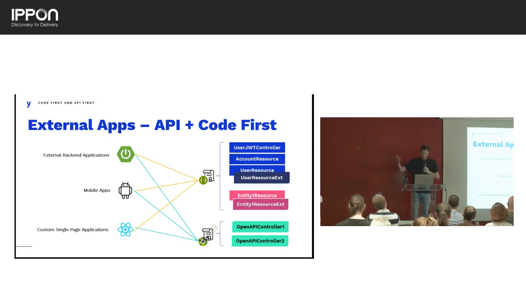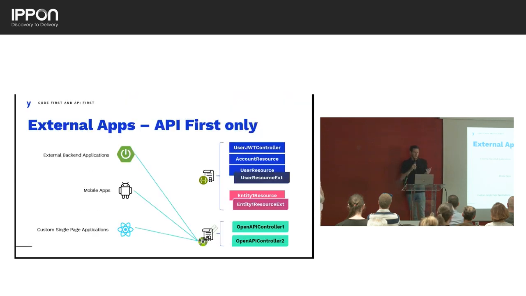But when your app grows, and especially if there are other developers involved from other companies, or even your front-end team, which has 5 developers, and you decide to go API first, and you cannot mix the approaches, then we recommend, depending of course on your strategy, to go API first.